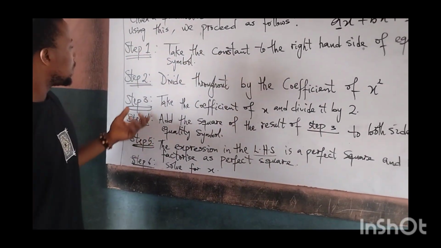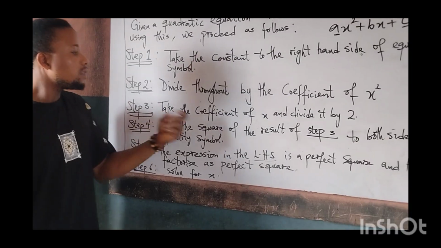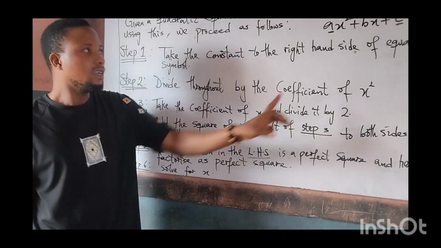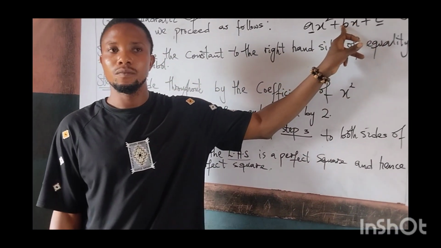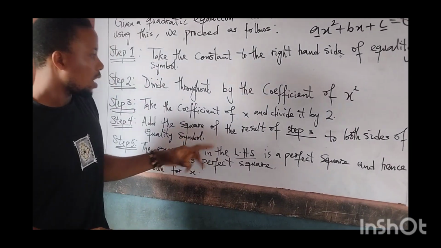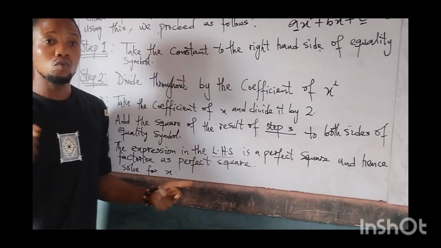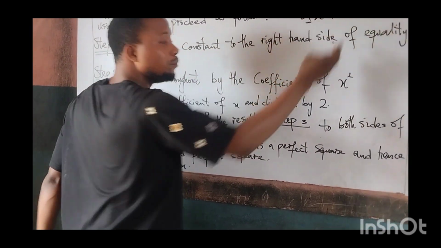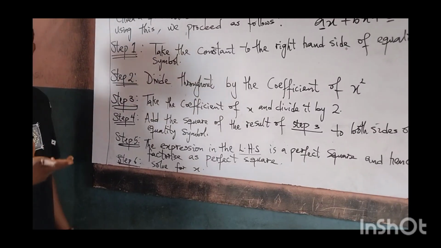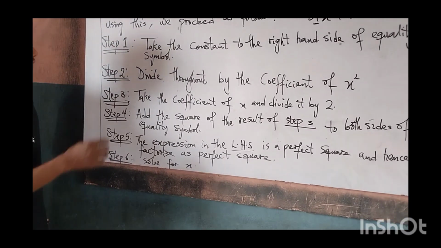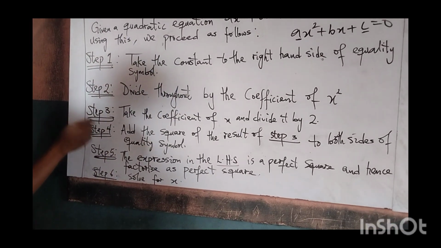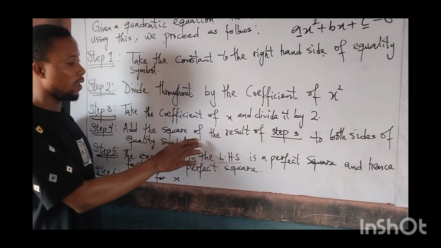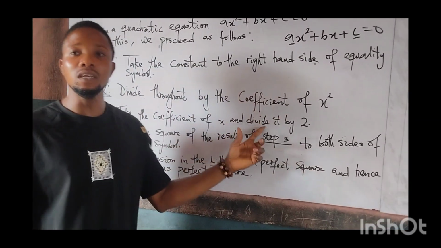Now, step 3. Take the coefficient of x. This is the coefficient of x. You take the coefficient of x and divide it by 2. This b, you take it and divide it by 2. Now, step 4. Add the square of the result of step 3.